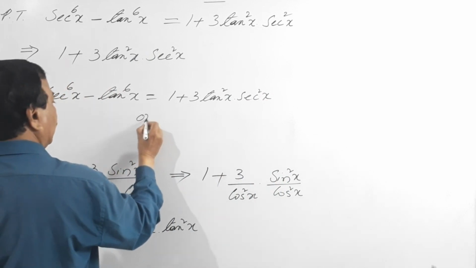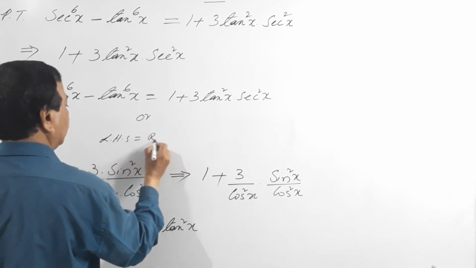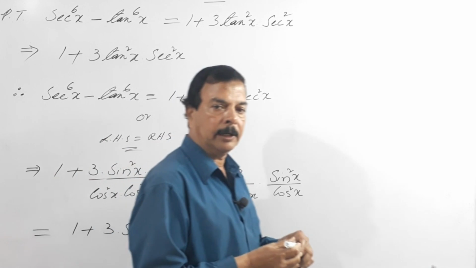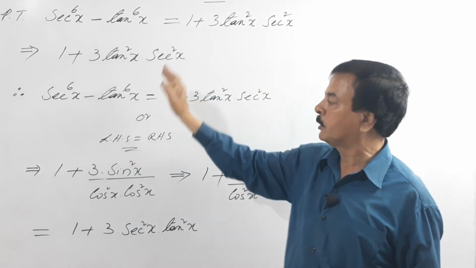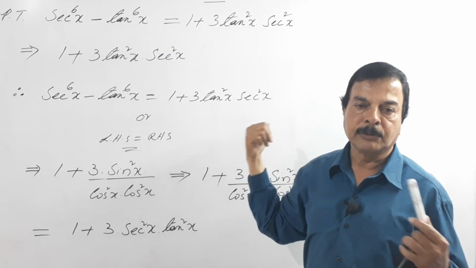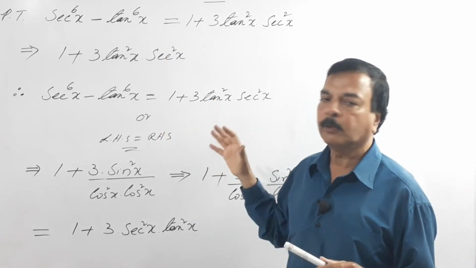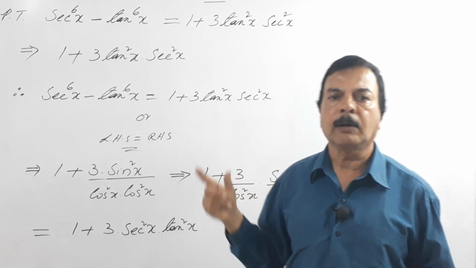Or you can write LHS equals to RHS. Either way you can write, both are correct, but always I prefer you to write this. Whatever is given in the problem, same thing you write and prove this. So if you want to add this also, no issues, you can do that. So बहुत अच्छा प्रॉब्लम है, एग्जामिनेशन पॉइंट ऑफ व्यू के लिए बहुत इंपॉर्टेंट है, आप लोग को सीखना है.